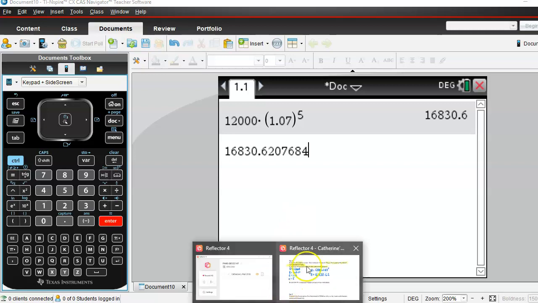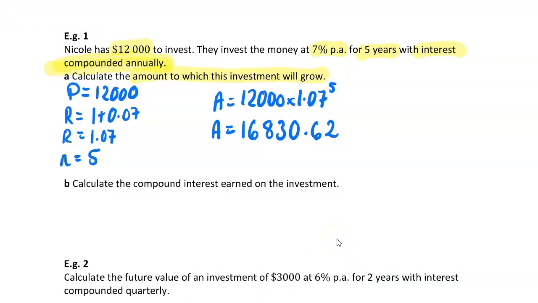Okay, so after 5 years, the amount in the account, Nicole has $16,830.62.